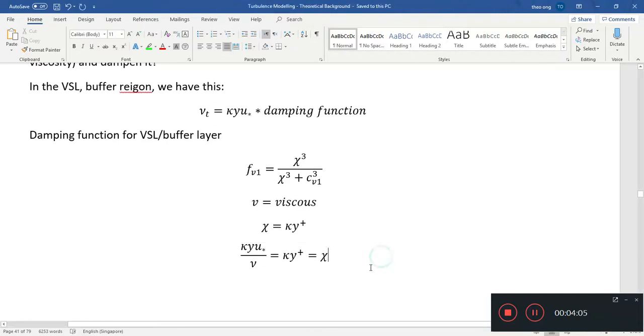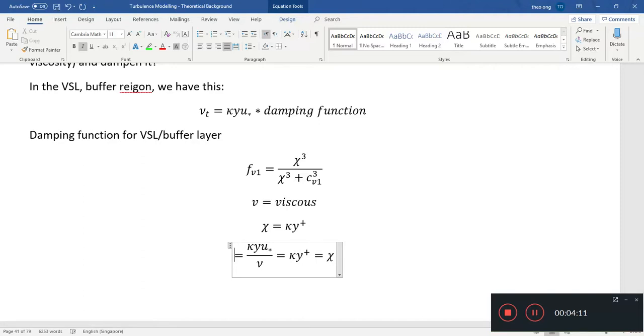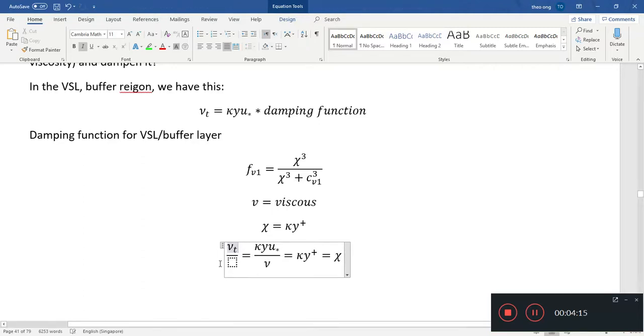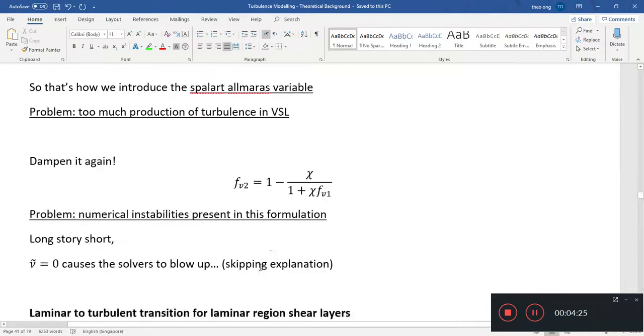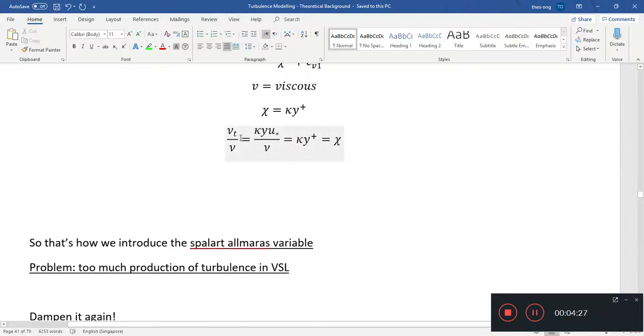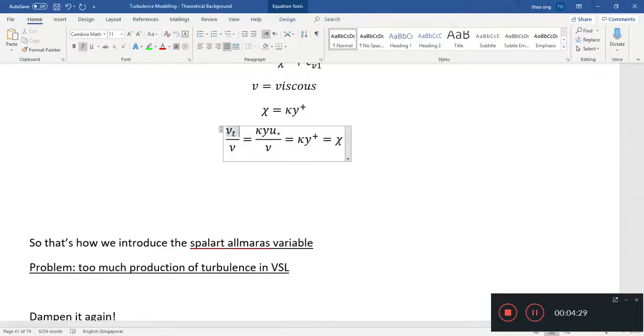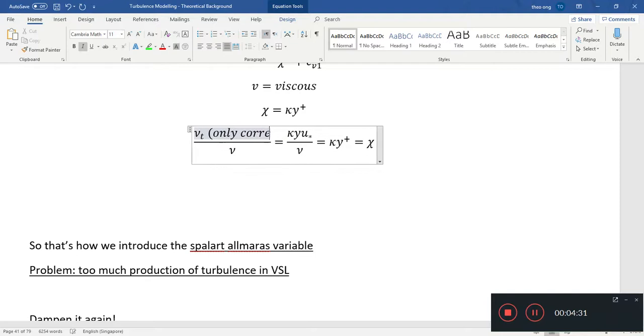The other way of writing this is that this is some function. It is like the turbulence viscosity, but we don't say this is the turbulence viscosity anymore, because that's not what it is. In the paper, this turbulence viscosity is only correct in the log law.